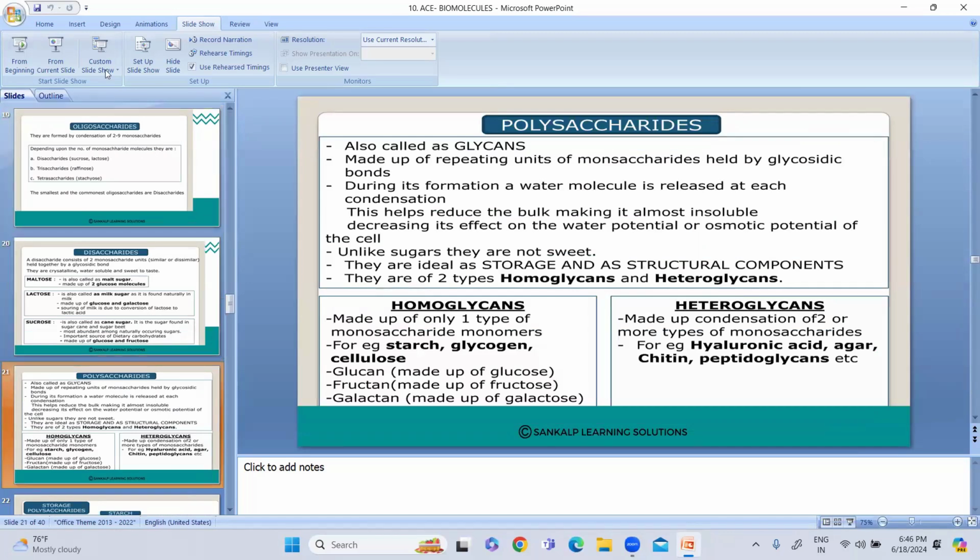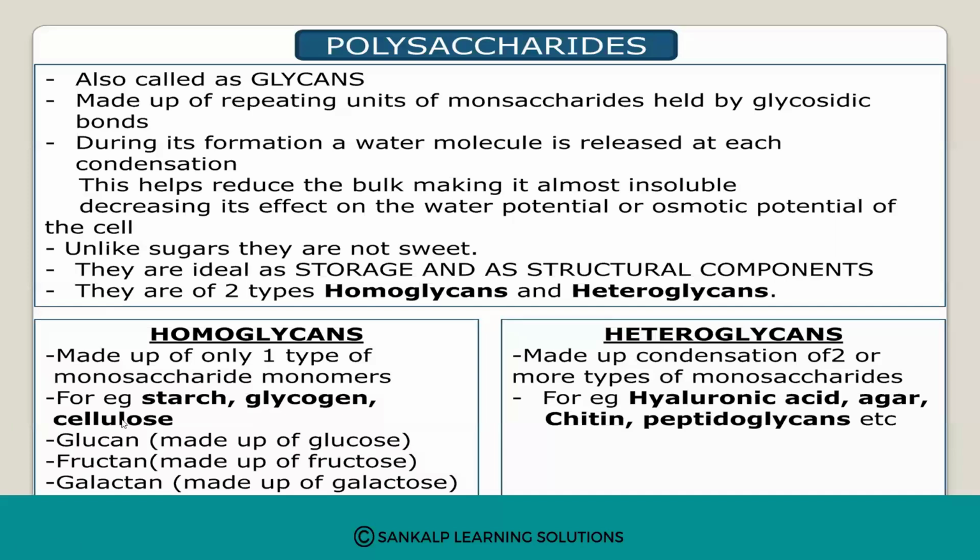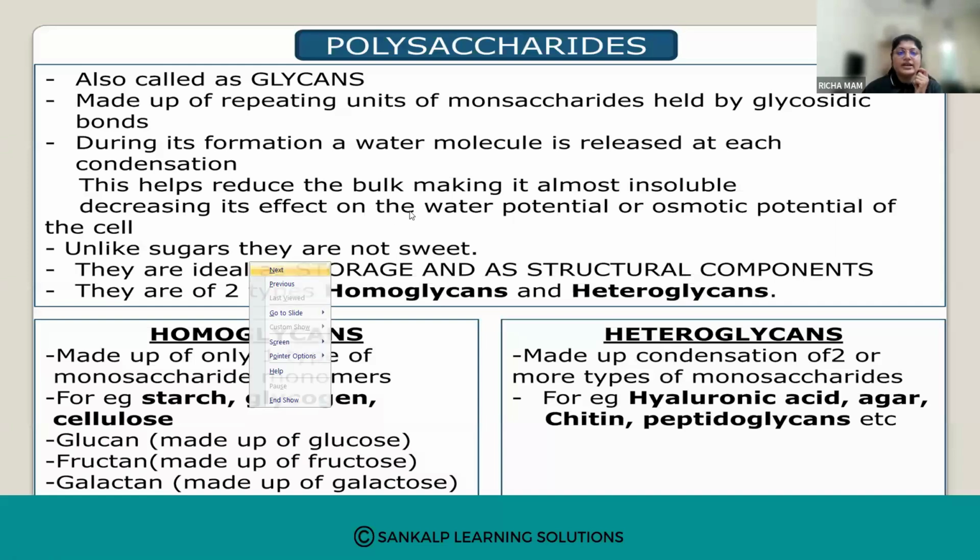Next, we are going to study polysaccharides. Now, polysaccharide means what, students? Polysaccharides, when they undergo hydrolysis, produce a large number of monosaccharide units. These units are joined together by glycosidic linkages.